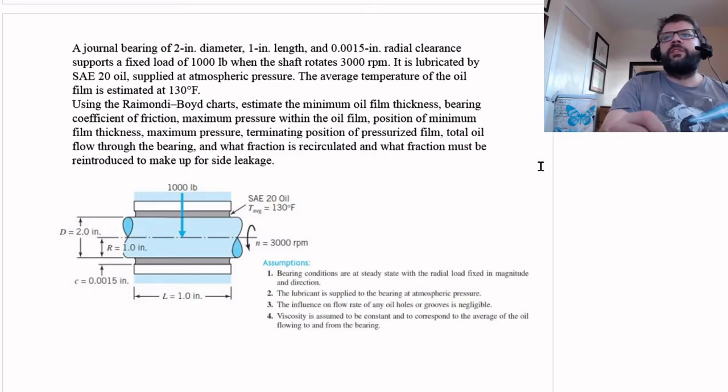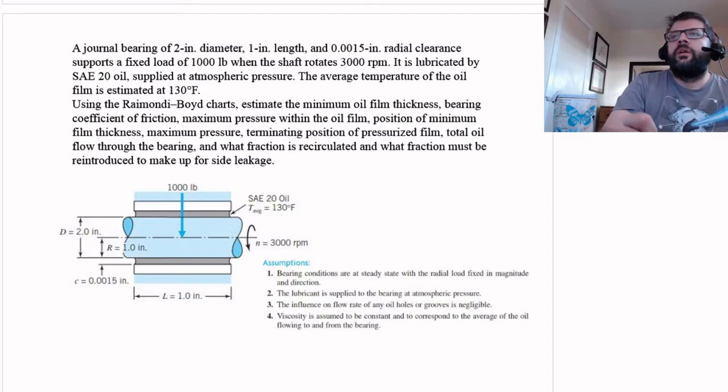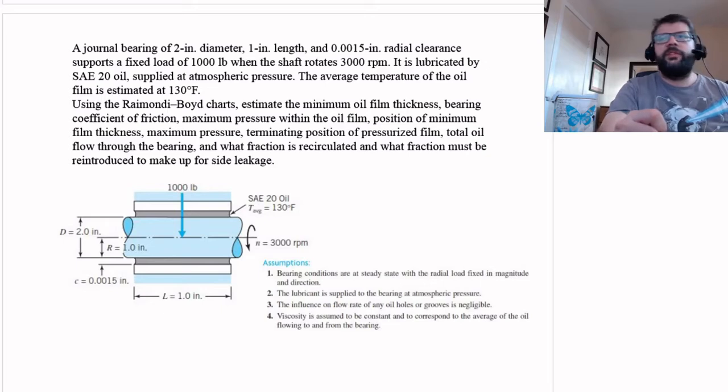But let's have a look. So if we have a journal with a bearing with a 2-inch diameter and 1 inch of length, that'll give us an L/D ratio of half.